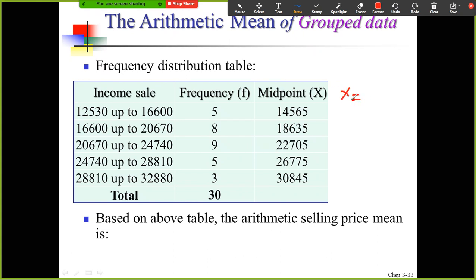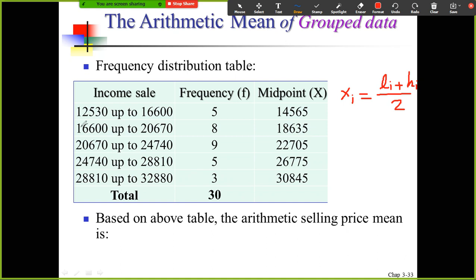How to find Xi? Xi comes from Li plus Hi, divided by 2.